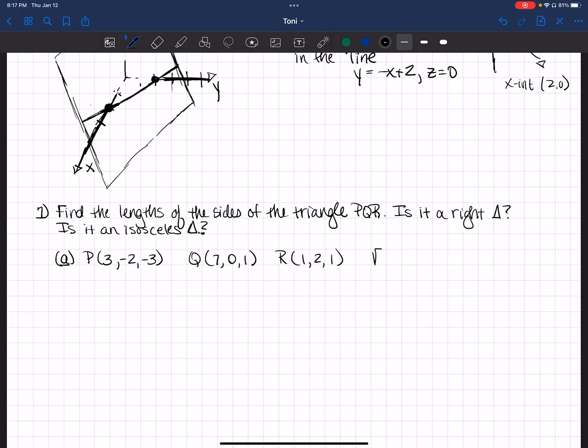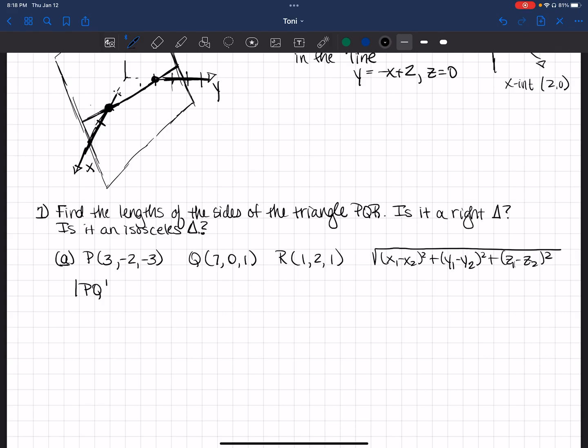Of course, we will remember that the distance formula is x1 minus x2 squared plus y1 minus y2 squared plus z1 minus z2 squared. Or you can say x2 minus x1, y2 minus y1, z2 minus z1. It doesn't matter because it's just going to come back negative and then we're going to square it, so it's going to be positive anyway. Okay, so the kicker is here, though, you're going to have to find the distance from P to Q, Q to R, and P to R, or R to P, either way you look at it.